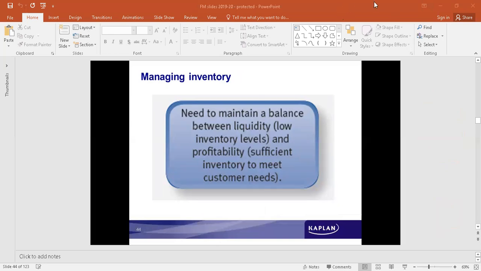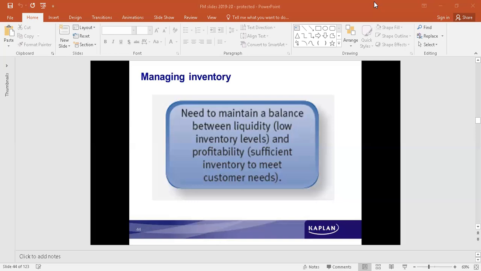Why are we studying working capital? We are studying working capital to understand the position of the business in the short run. In the short run, is it sound? Is it doing well? What is the requirement in the short run? Whether they have sufficient cash balance or not.